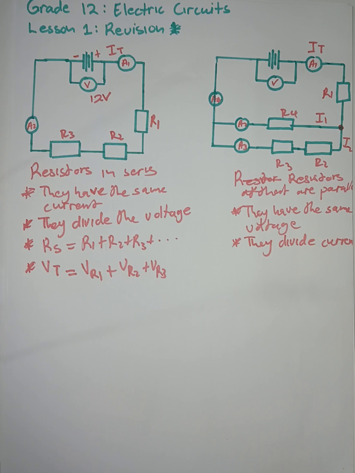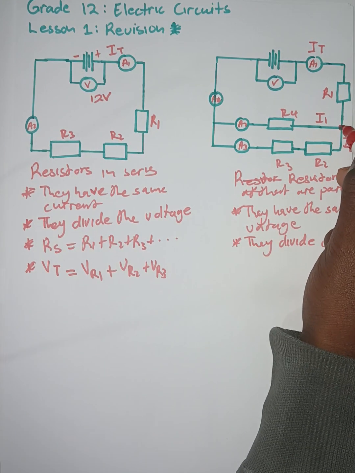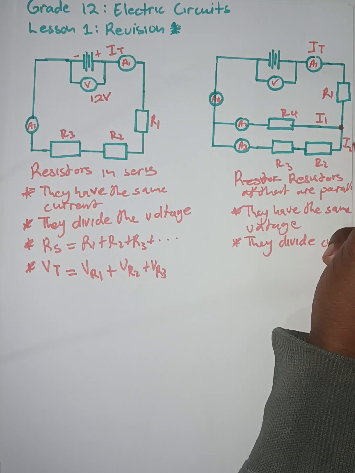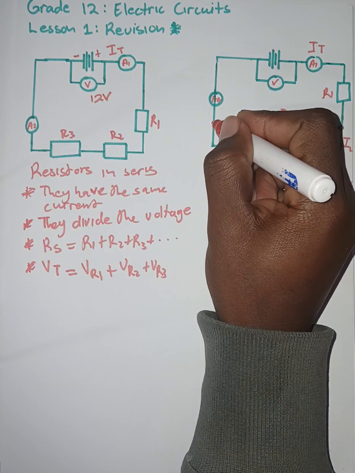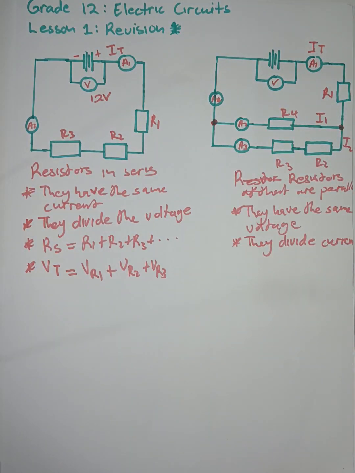But remember, when current gets to that node, this is where it splits, right? It will split into I1 and I2. However, when it gets to this node here, it comes back together and joins to become one unit.